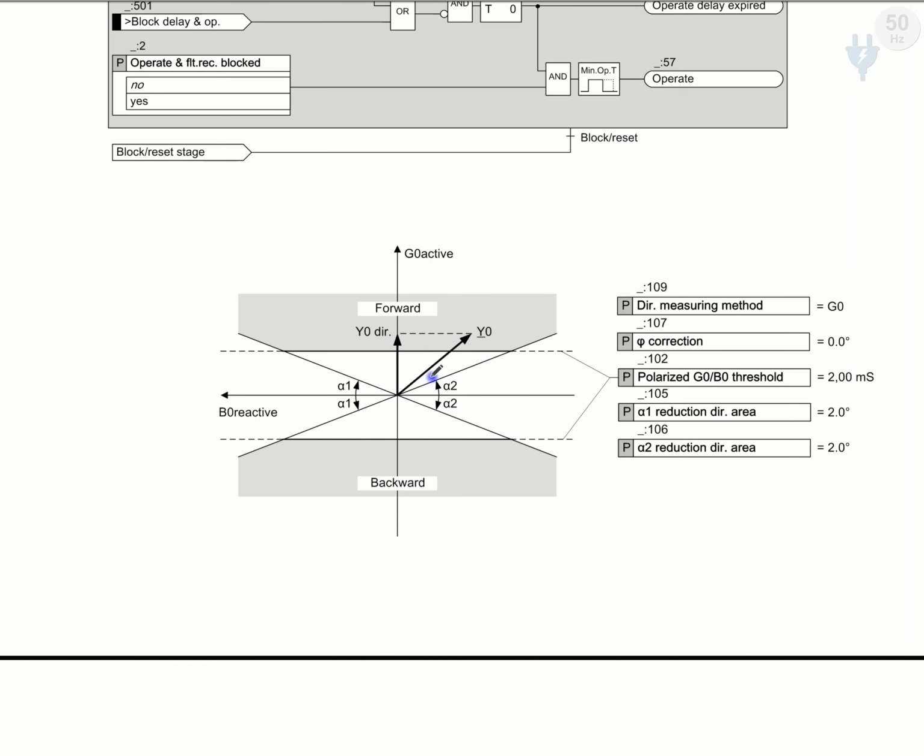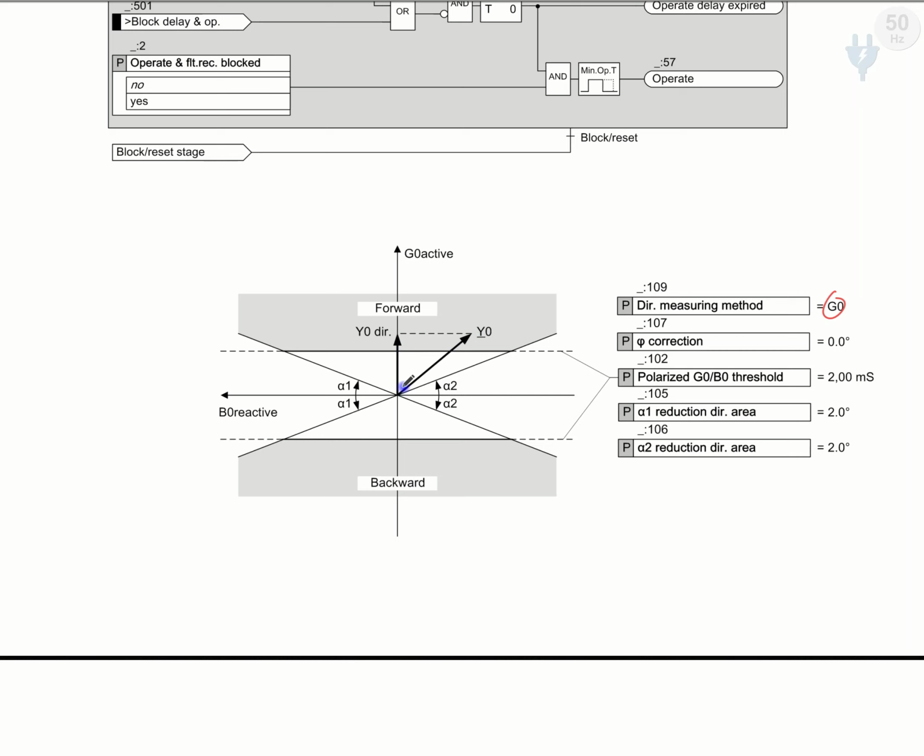And in the next session, we will discuss how this angle should be selected, what the parameters should be, what the phi correction should be, and the direction measuring method, whether it should be G0 or B0.